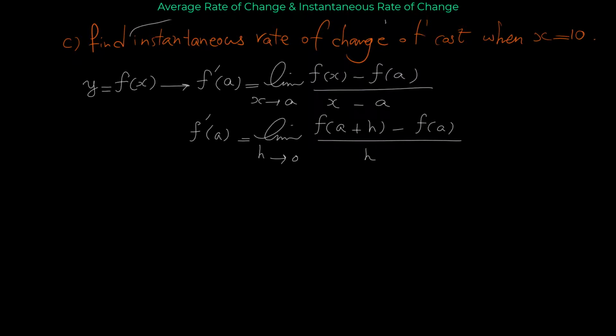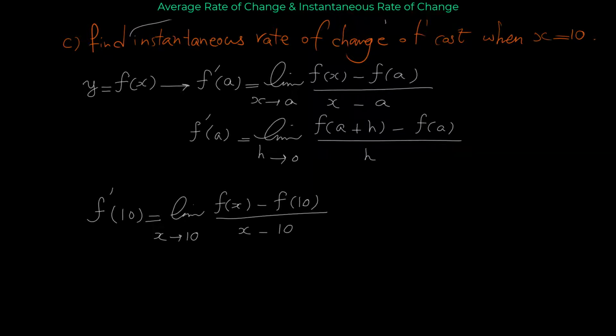So, for finding f prime of 10, I am going to use the first formula. Based on the first formula, we have limit of f of x minus f of 10 over x minus 10 as x approaches 10.